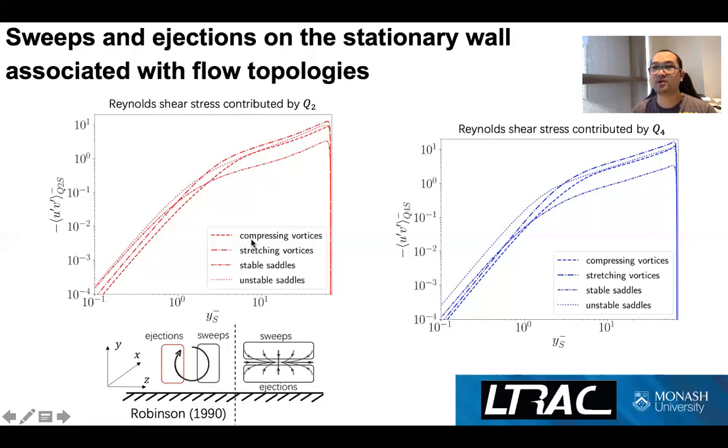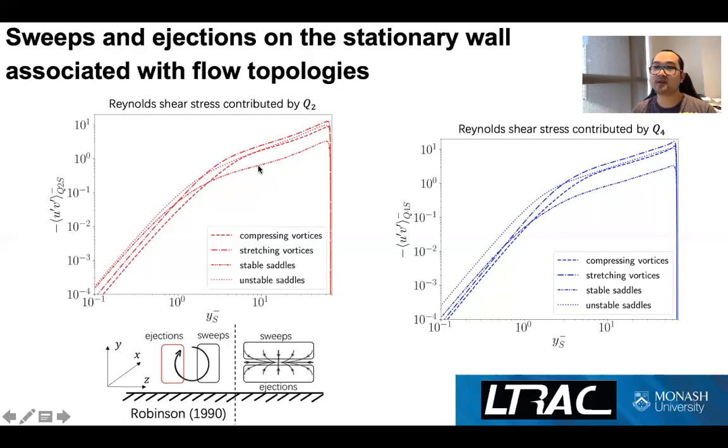These figures show the Reynolds shear stress on the stationary wall contributed by sweeps and ejections associated with flow topologies. You can see there is no near wall peak on the stationary wall, which indicates the burst process may not exist because there is not much turbulent kinetic energy produced locally.